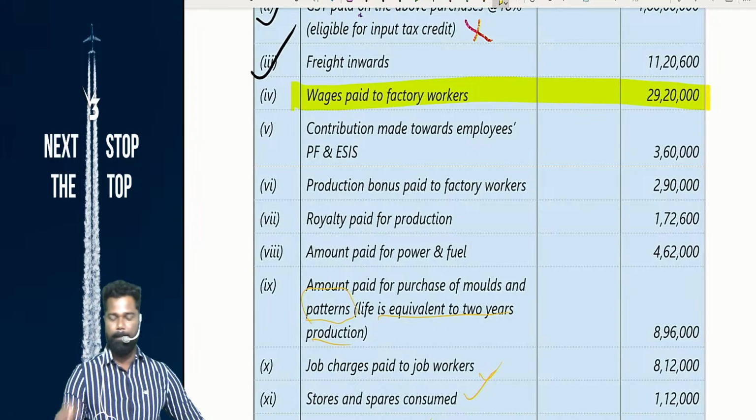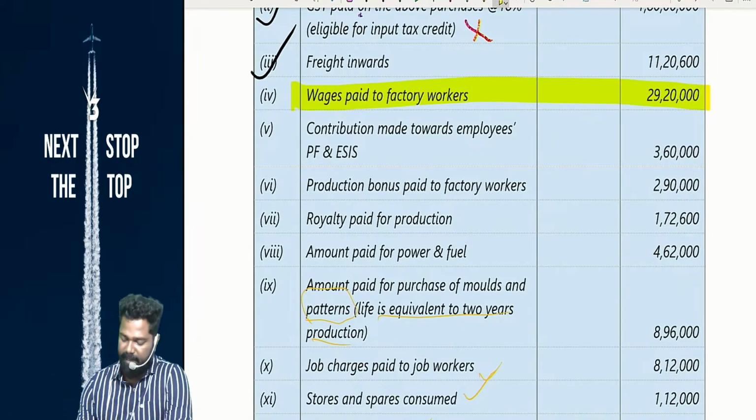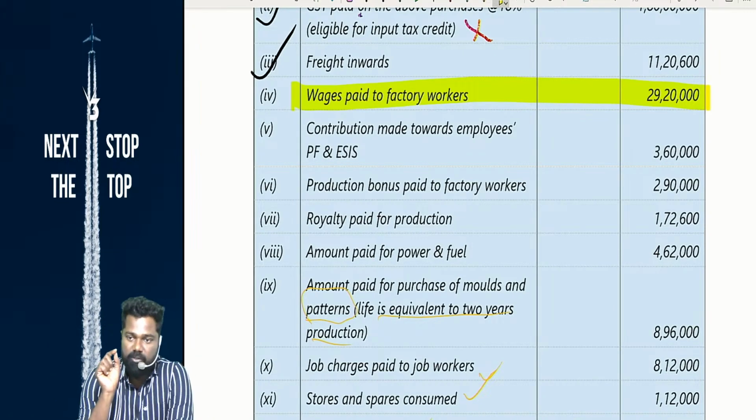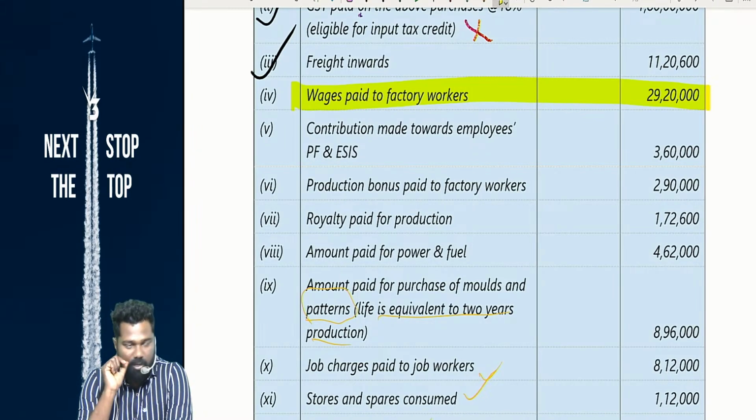Also in the exam, the examiner clearly mentions at the top that any suitable assumptions can be made. Contribution made towards employees' PF and ESI.